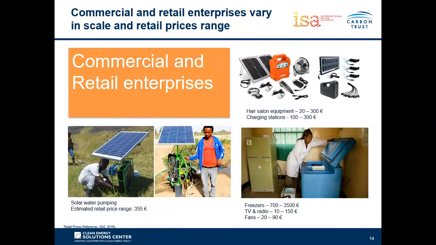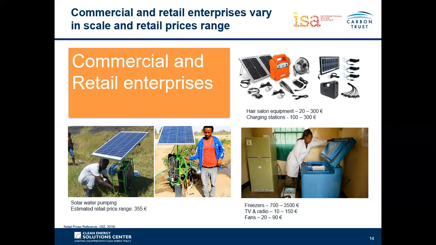The last category is the commercial and retail enterprises. This involves your standard shops, hair salons, communication, and internet providers, for example. These are industries that sell goods and services in a finished state to consumers.